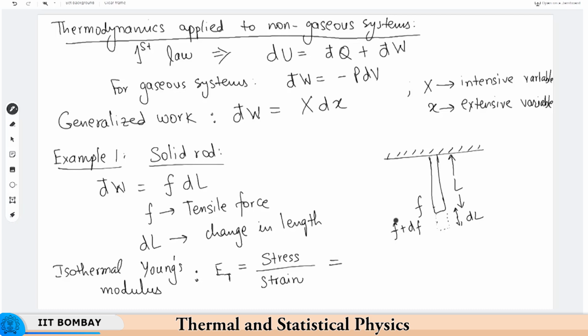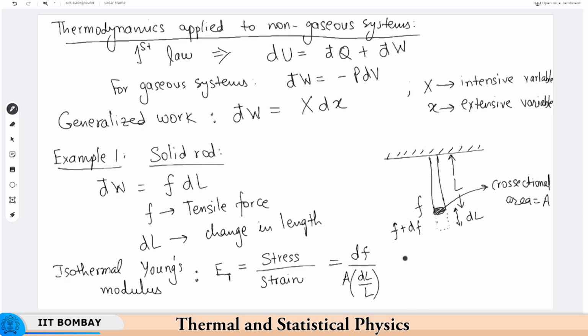By dimension, stress is force per unit area, so the extra applied force dF divided by the cross sectional area A. And strain is a dimensionless quantity, the change in a variable divided by its initial value, so this is dL by L. This is how we define an isothermal Young's modulus.